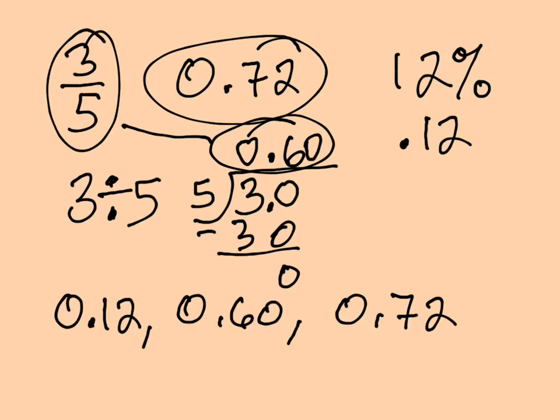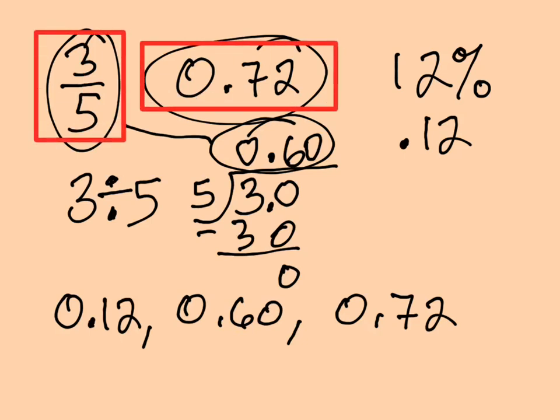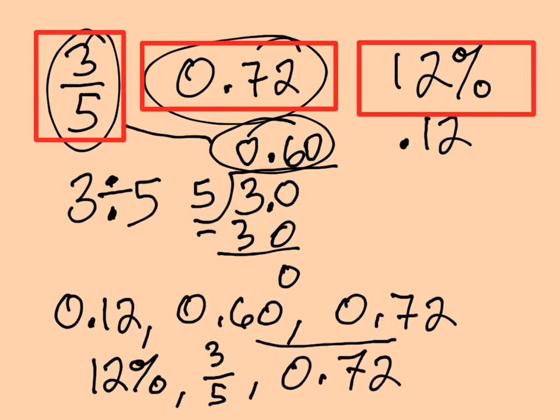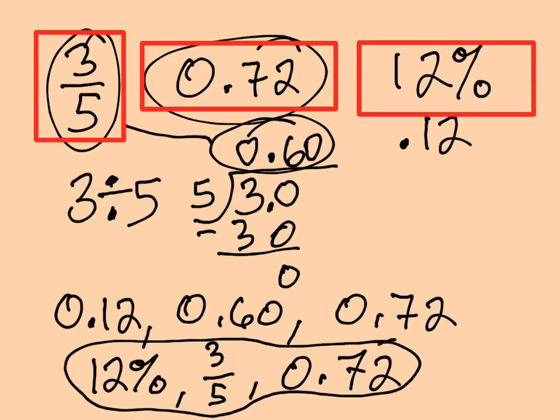But we're not quite done. The question asked us to put 3/5, 0.72, and 12% in order, and that means from least to greatest. And so we need to put them back in the original formats. So 0.12 was originally written as 12%, and 0.60 was originally written as 3/5, and 0.72 was originally written as 0.72. And so now, there they are in order from least to greatest.